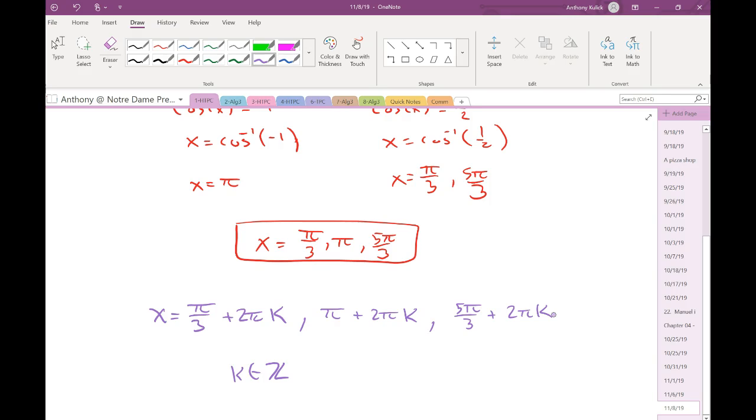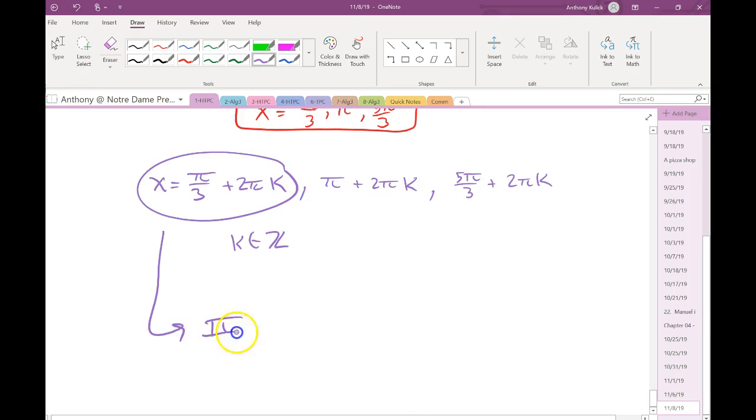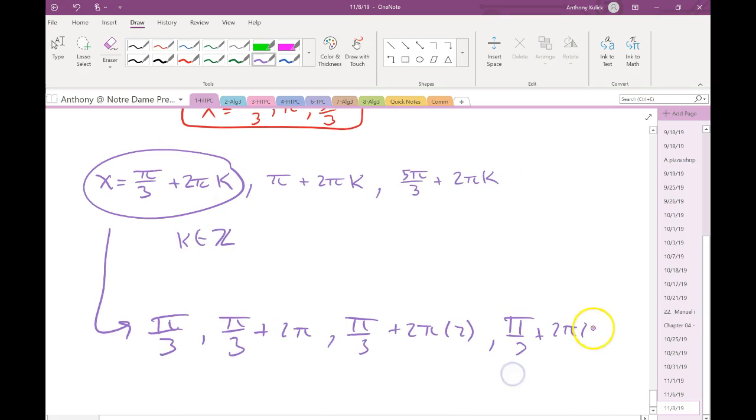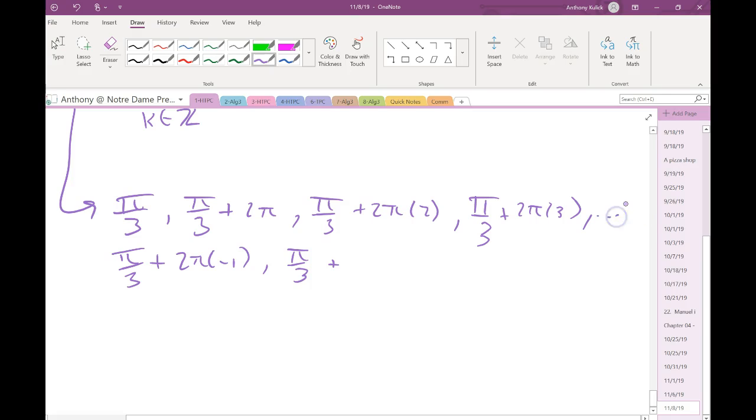So, what are we saying with this? This is saying pi over 3, and then you can have pi over 3 plus 2 pi times 1, pi over 3 plus 2 pi times 2, pi over 3 plus 2 pi times 3, as well as pi over 3 plus 2 pi times negative 1, and keep on going, for all integer values, plus 2 pi times negative 2, etc. So what is that giving us?